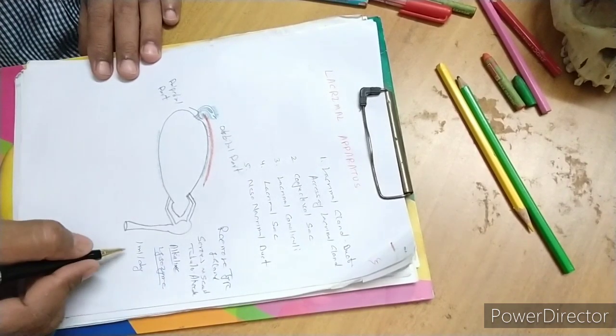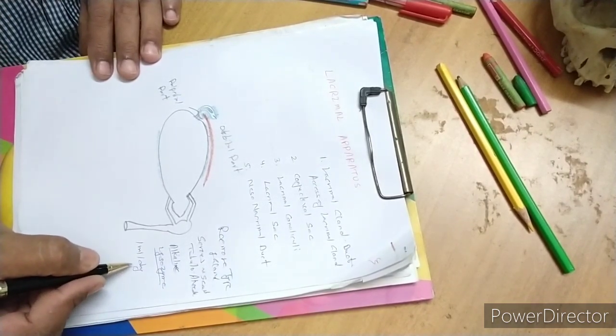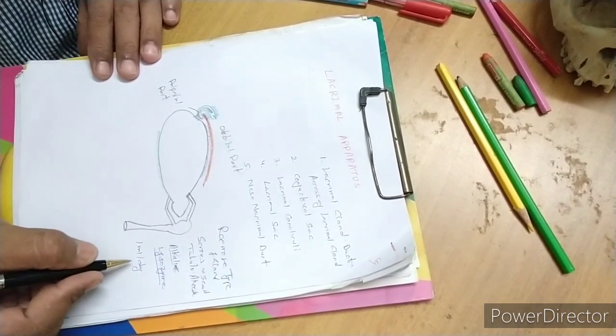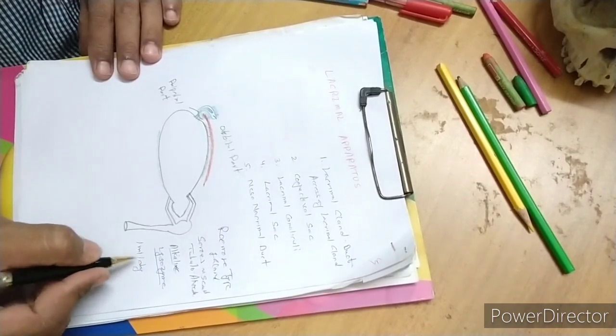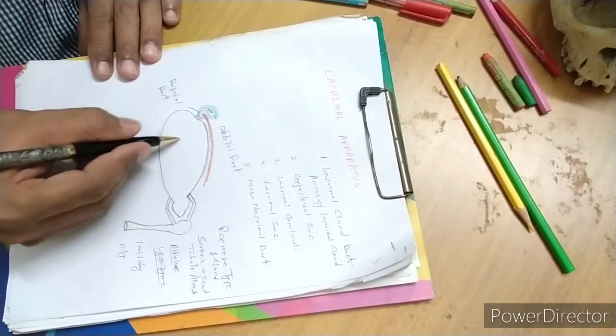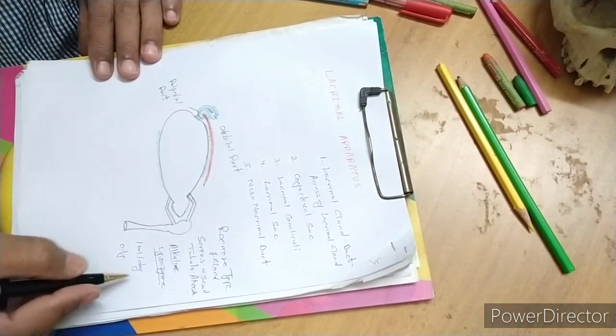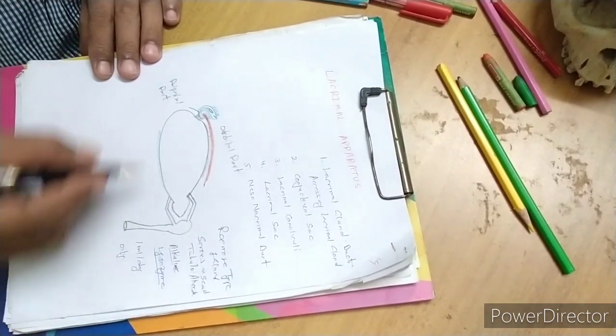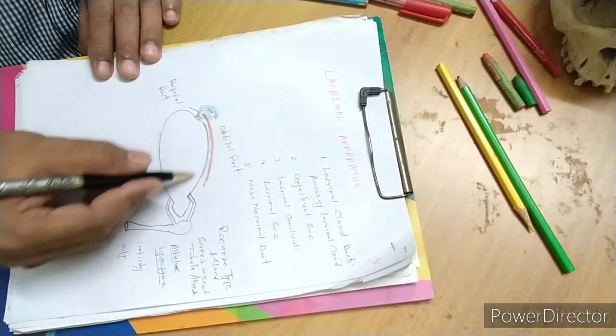This fluid is prevented from evaporating by the oily secretion of the tarsal gland in the conjunctival secretion. The tarsal gland prevents the evaporation of this fluid.